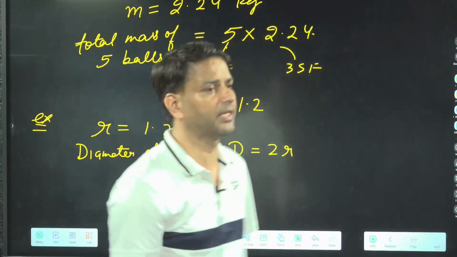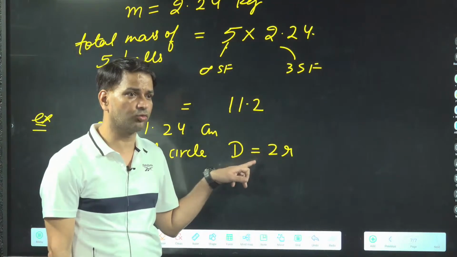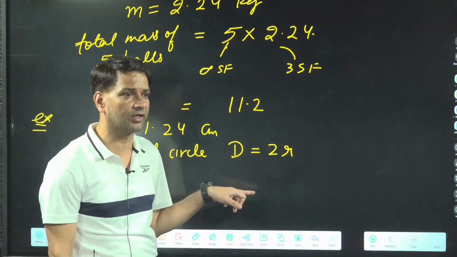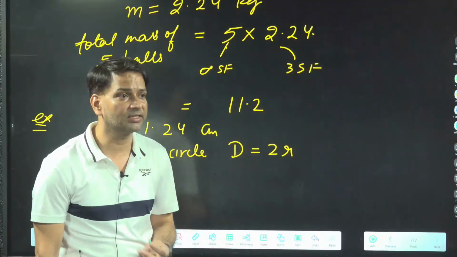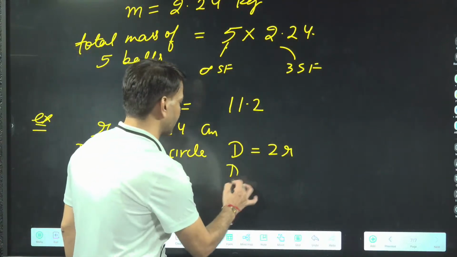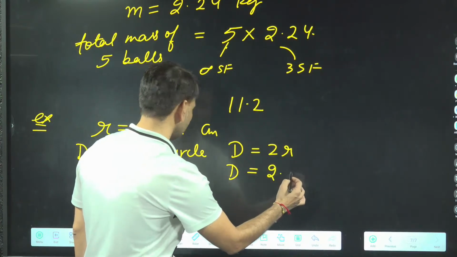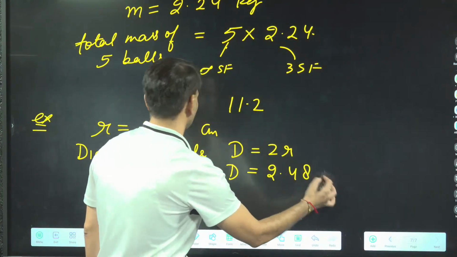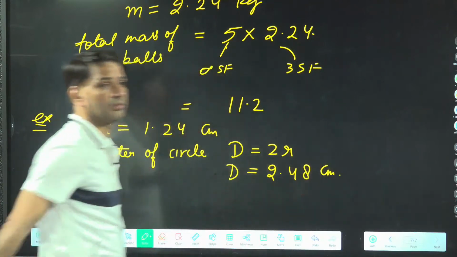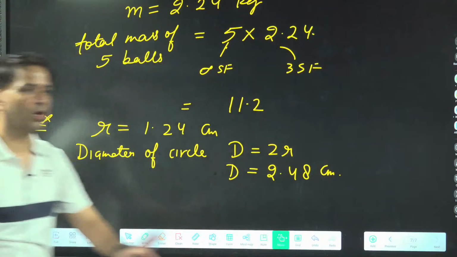It is only a multiplier, so this 2 will not be deciding. We take it as infinite significant figures. So the diameter will have how many significant figures? 3 significant figures. So we can write the diameter up to the correct significant figure, 2.48 centimeter. Understood? Now everybody got it? Okay.